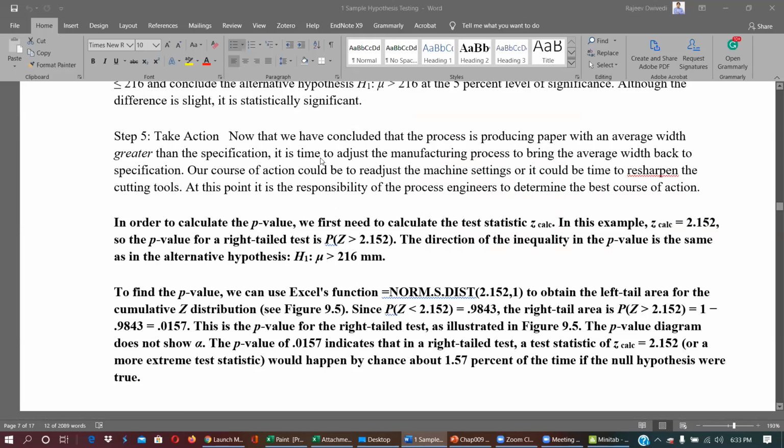So in quality control, suppose Apple is manufacturing or assembling iPhones, and the standard weight of an iPhone is 177 gram, and they would like to check whether it is coming within the specification of 177 gram.